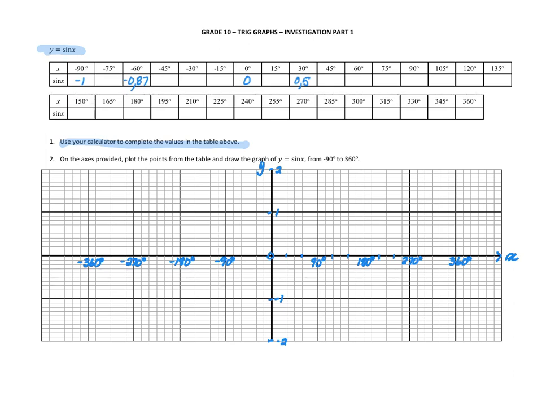Once your table is complete, you can move on to question 2, which tells you to plot the points and draw the graph. I'll plot the points that I've calculated. The first one is negative 90 degrees and negative 1. So there's negative 90 degrees, there's negative 1, and that will generate this point over here.